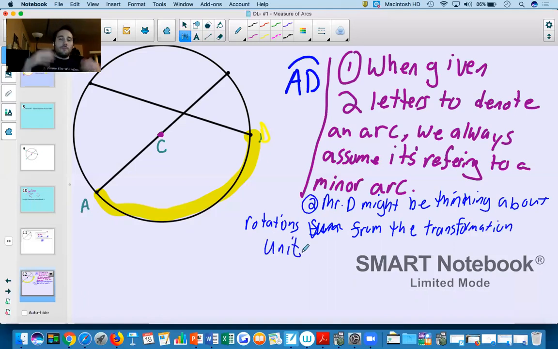Okay, so super important. When given 2 letters to denote an arc, we always assume that we're referring to the minor arc. Second thing is, we always want to figure out why we said the wrong things. Mr. D probably said the wrong thing because he was probably thinking of something to do with rotations and clockwise. We all make mistakes, and usually we connect them to things that are similar.